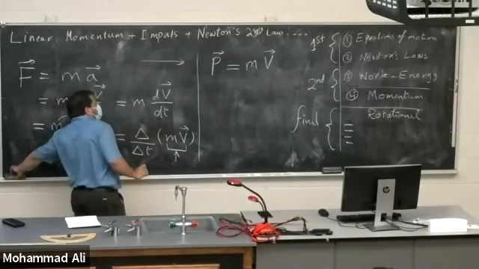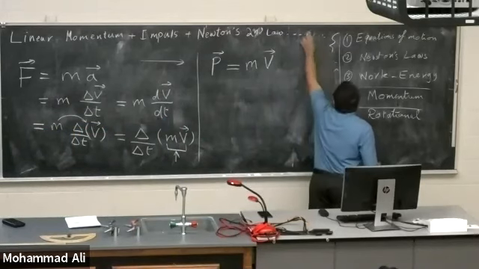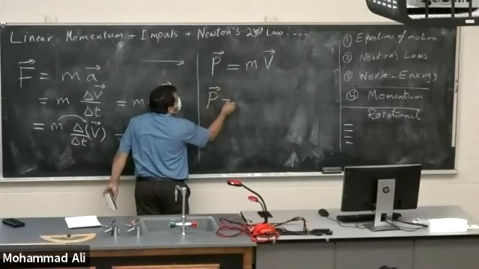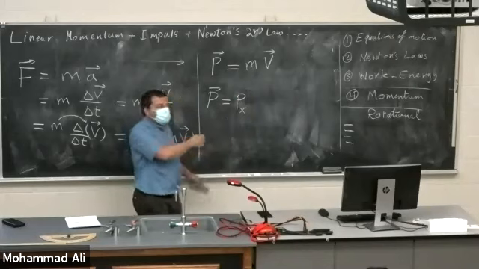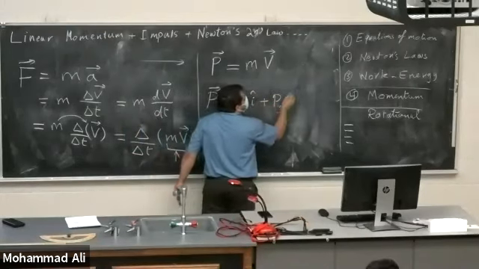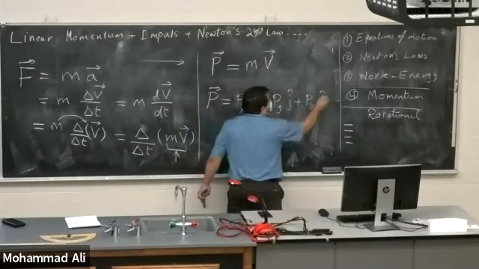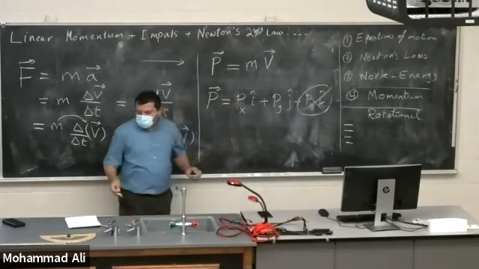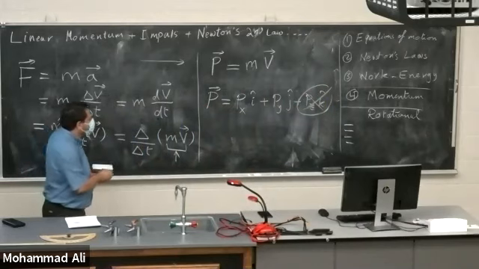Now this momentum is a vector quantity, and we can write it as a vector. P is equal to Px i hat plus Py j hat plus Pz k hat, the z direction, but we will not deal with this direction. It's enough to deal with two dimensions. You are seeing that in page number 1.